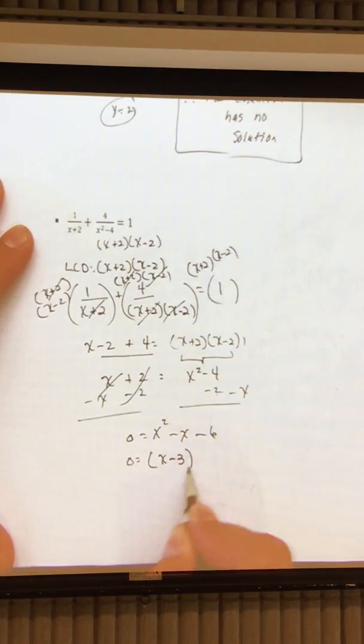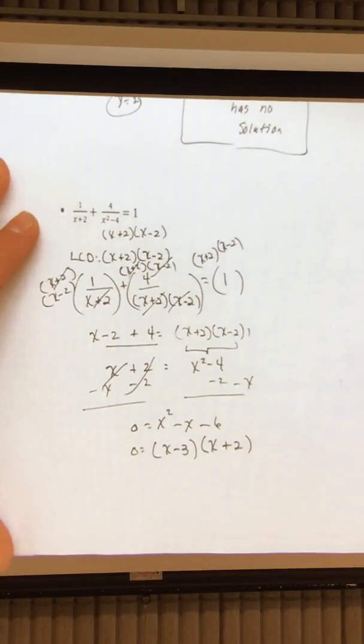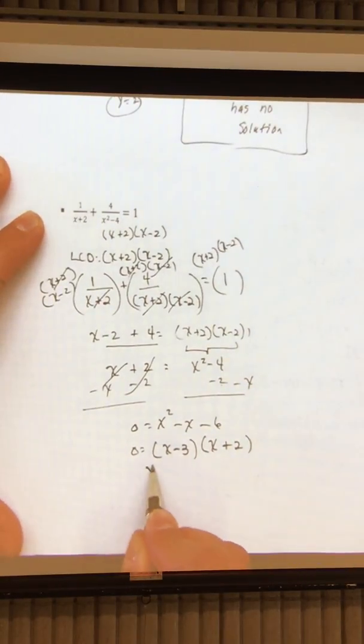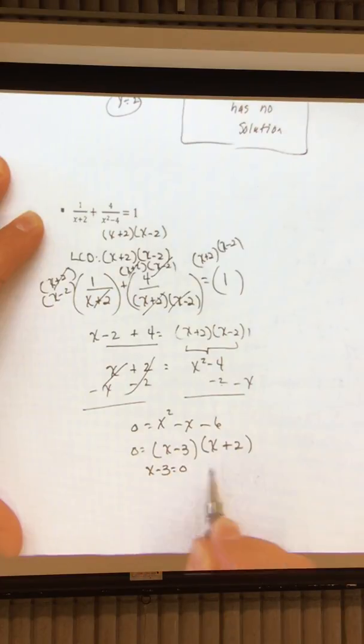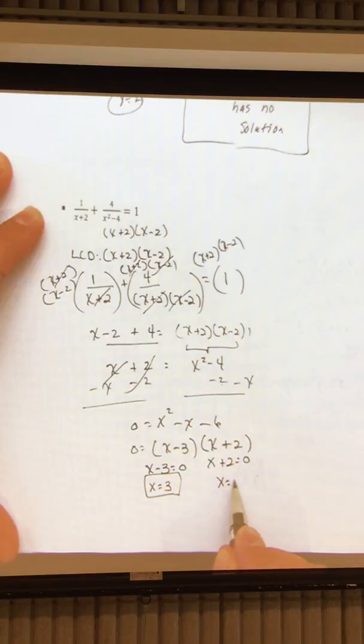That is negative 3 and positive 2. So here we can set each factor equal to 0 and solve. So x minus 3 equals 0, x is equal to 3, x plus 2 is equal to 0, so x is equal to negative 2.